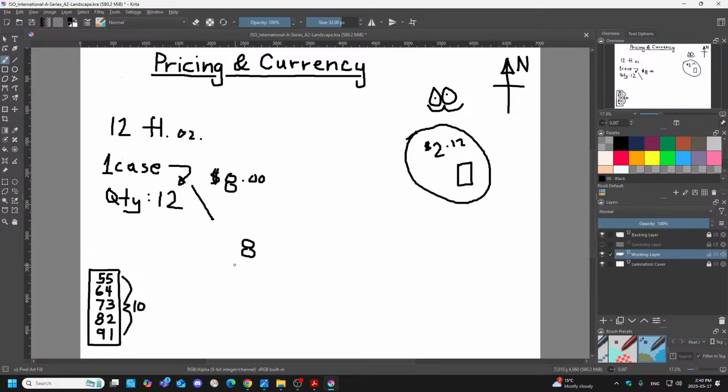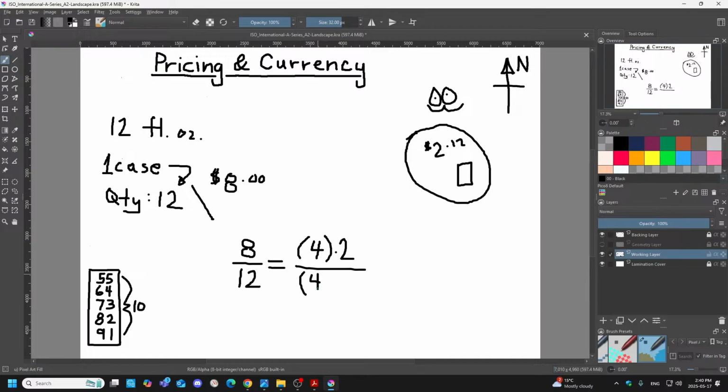I'm just going to go 8 divided by 12 without using a calculator. Let's find the most meat off the bone. 4, right? Because 8 doesn't really go into 12. They are even numbers, but they don't divide into each other nicely.